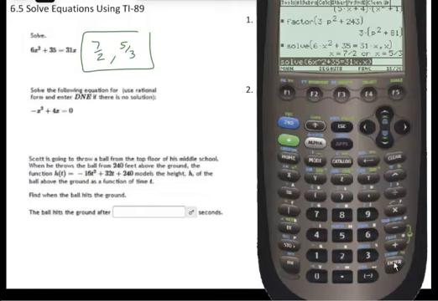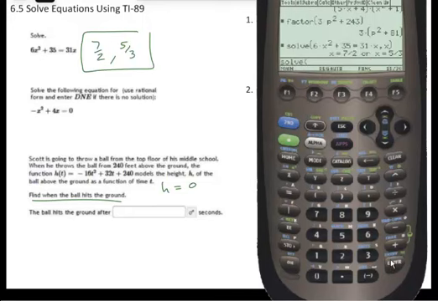And so the rest is just making sure that you can solve it. If you are looking at this last example here, a story problem, where it's asking when does the ball hit the ground, the height when the ball hits the ground has to be 0. So if you just plug in a 0 for that and solve, you would get your solution.